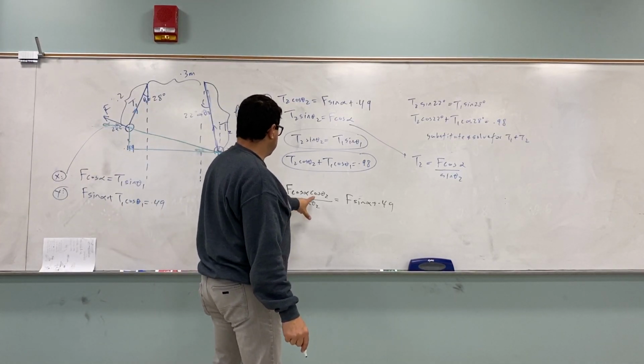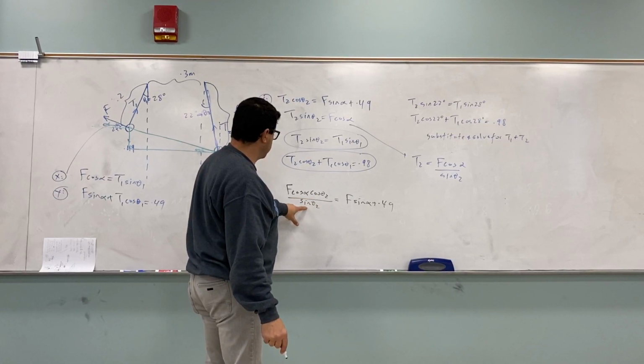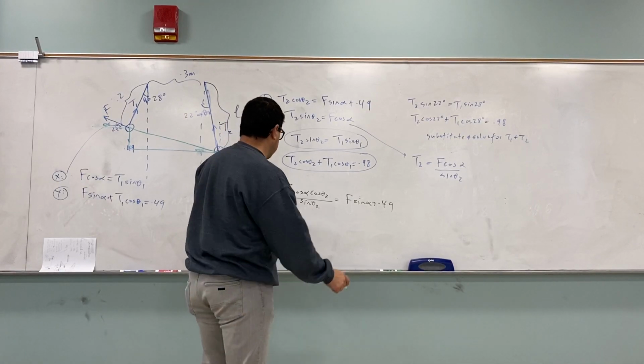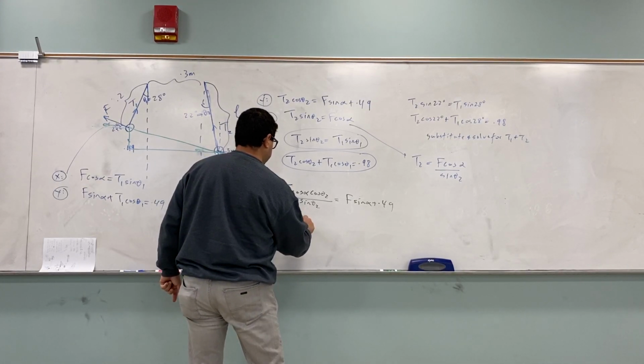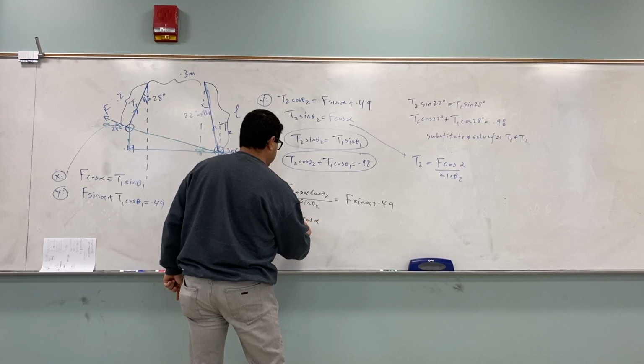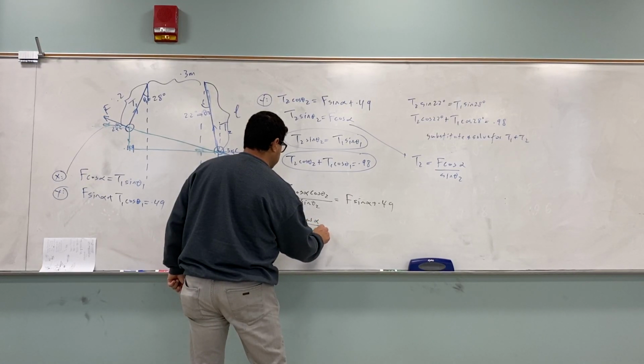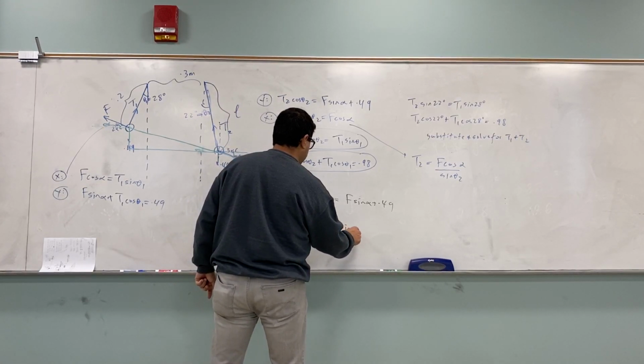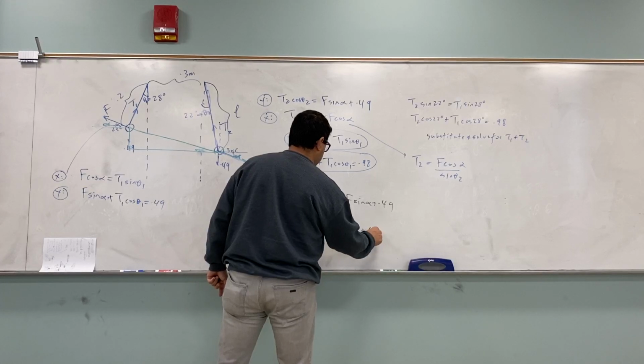And then the cosine can come underneath the sine and make it a tangent, right? So then I can say F cosine alpha over tangent of 22 is equal to F sine alpha plus 0.49.